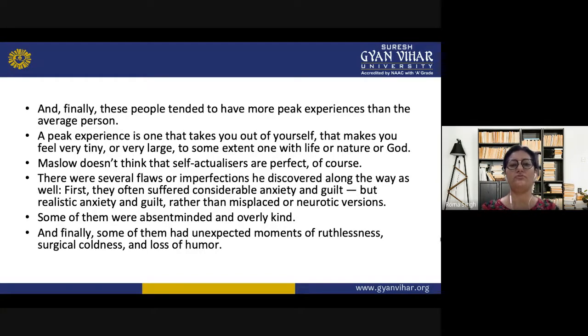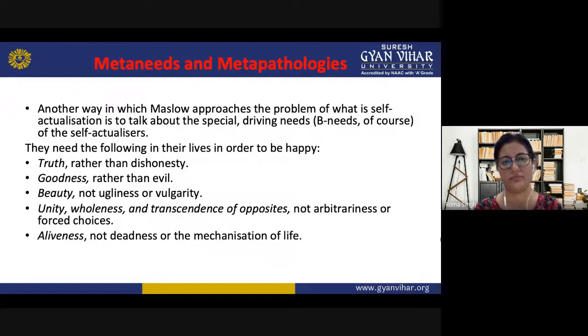First, they often suffered considerable anxiety and guilt, but realistic anxiety and guilt rather than misplaced or neurotic versions. Some of them were absent minded and overly kind. And finally, some of them had unexpected moments of ruthlessness, surgical coldness, or loss of humor. So these were certain aspects present in certain self actualizers.